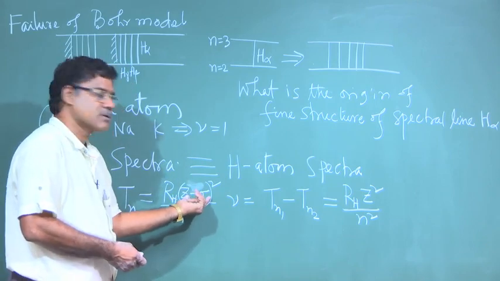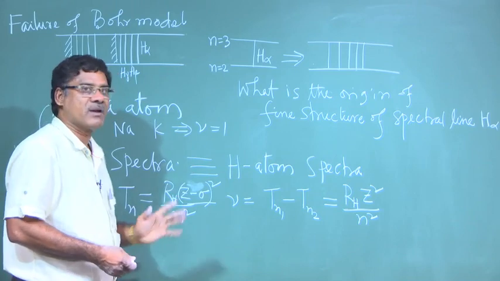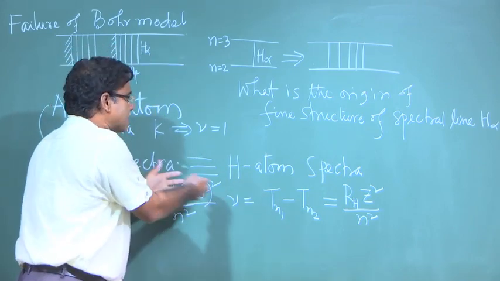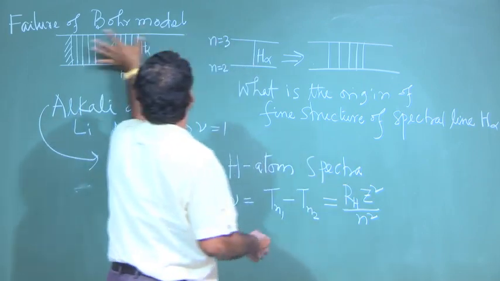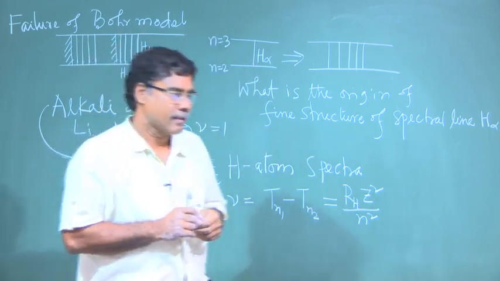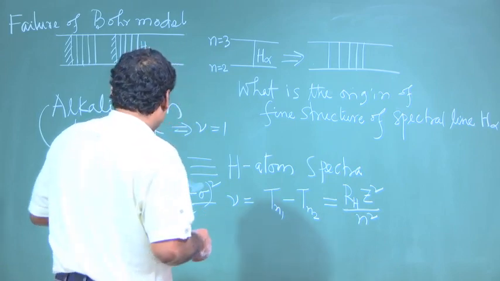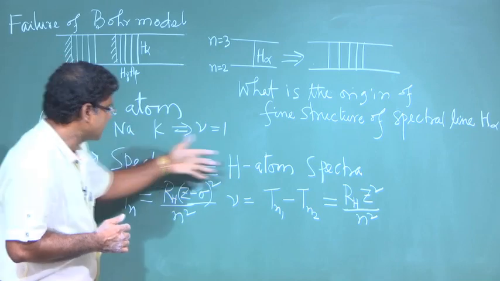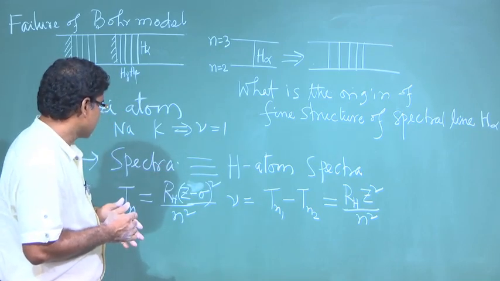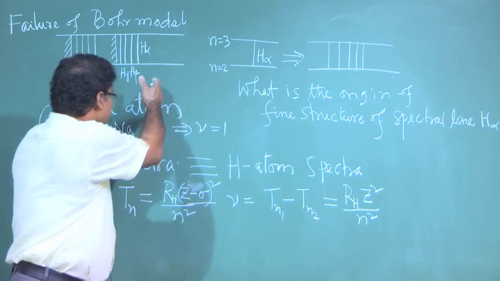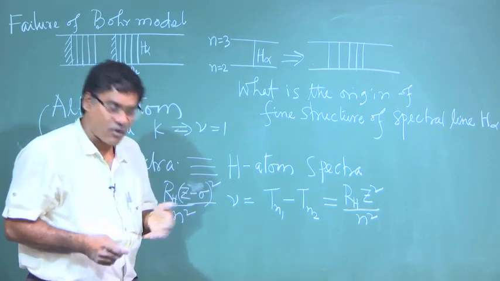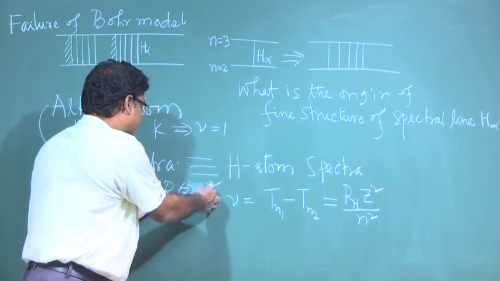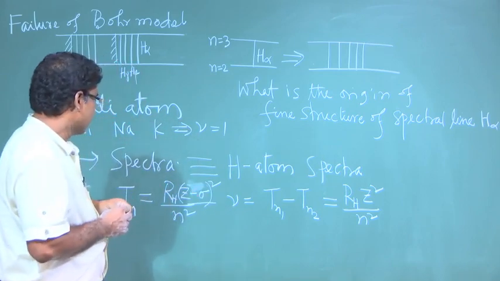If we introduce that, then this should be the term value for the alkali atom. Okay. For hydrogen atom using this term value, all spectral lines were explained. Seeing this similarity, the Bohr model was adopted for this alkali atom, and it seems this should be the term value for the alkali atom.